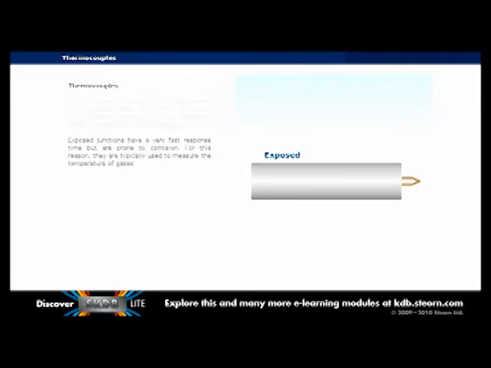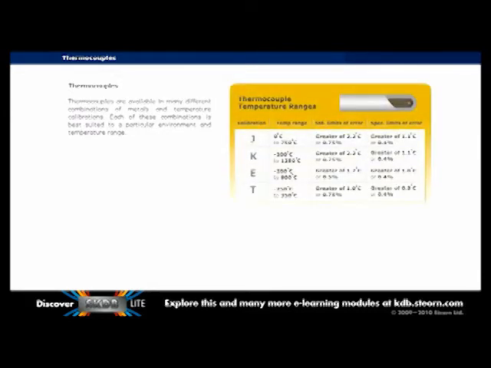Exposed junctions have a very fast response time but are prone to corrosion. For this reason, they are typically used to measure the temperature of gases. Thermocouples are available in many different combinations of metals and temperature calibrations. Each of these combinations is best suited to a particular environment and temperature range.